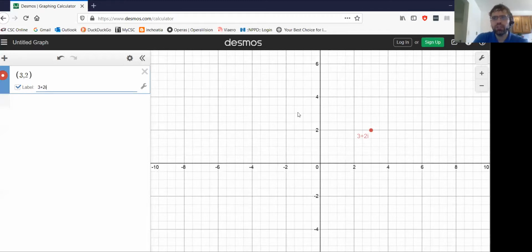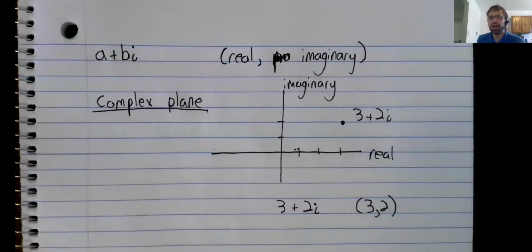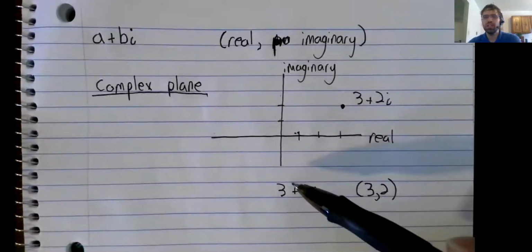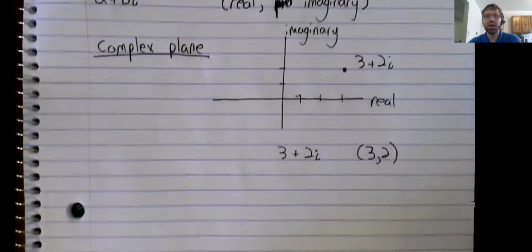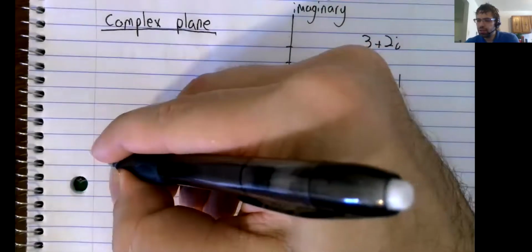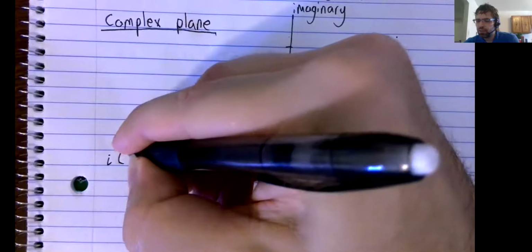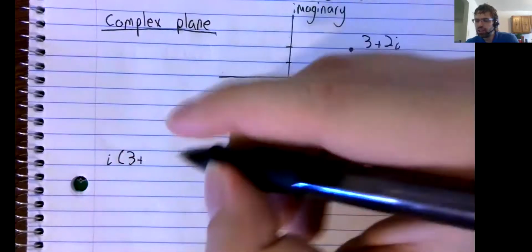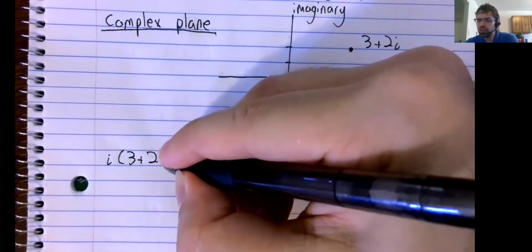And what I'm going to do, which might not seem very motivated when I do it, is multiply 3 plus 2i by the imaginary unit.